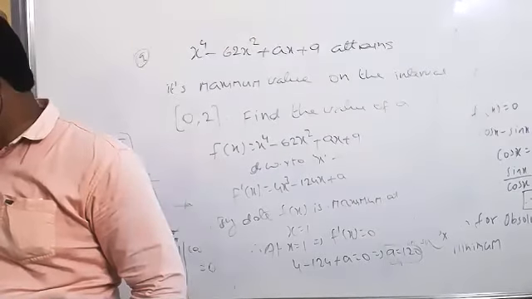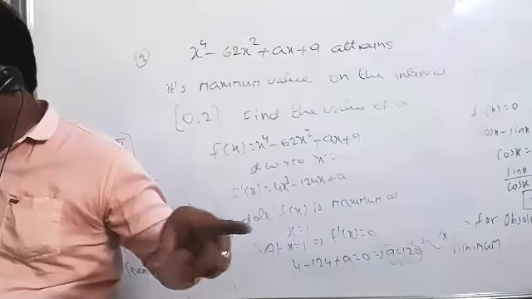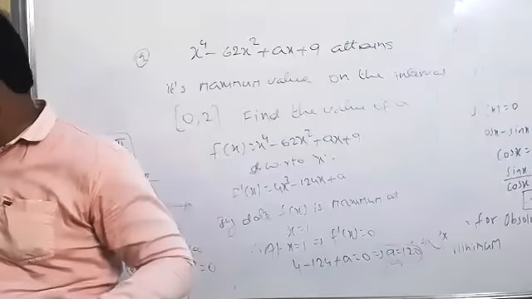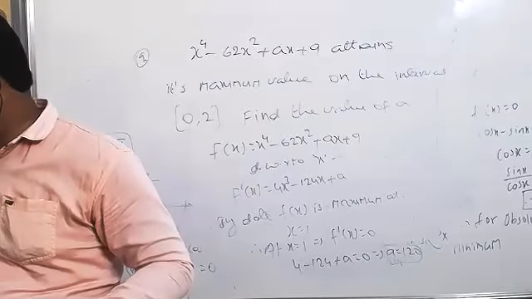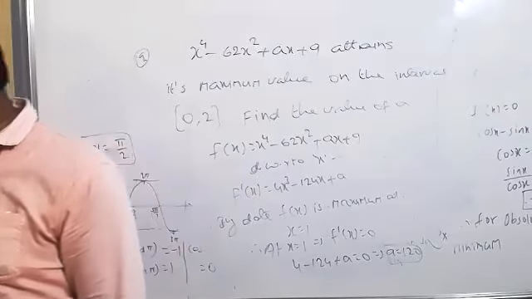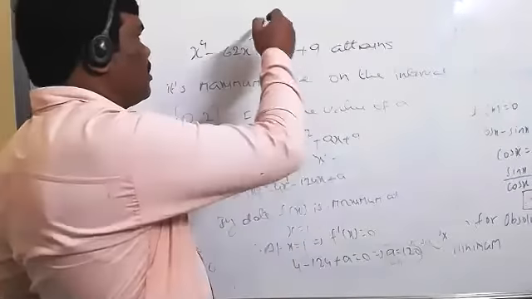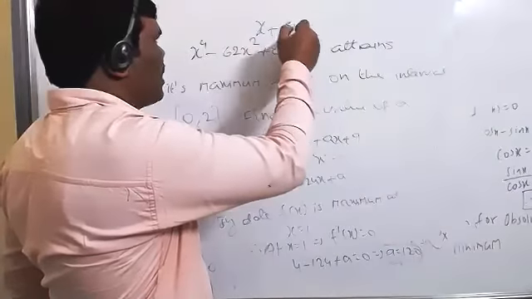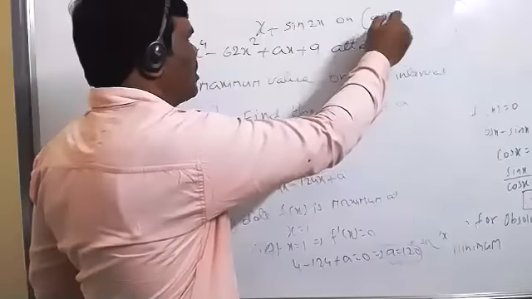I gave this example previously and explained the numerical changes. Find the maximum and minimum value of x plus sine 2x on the closed interval 0 comma 2 pi.